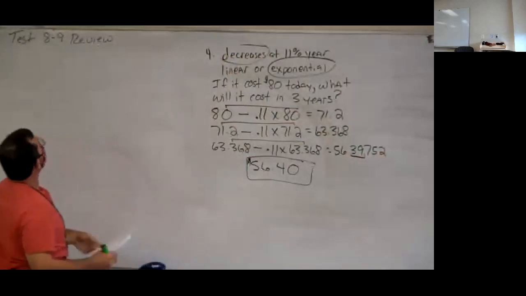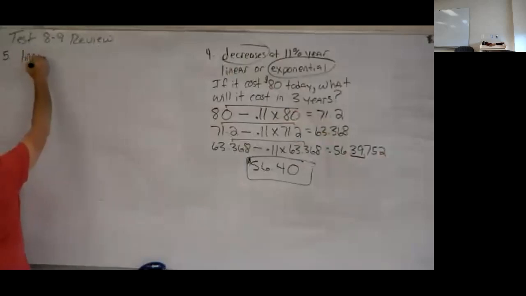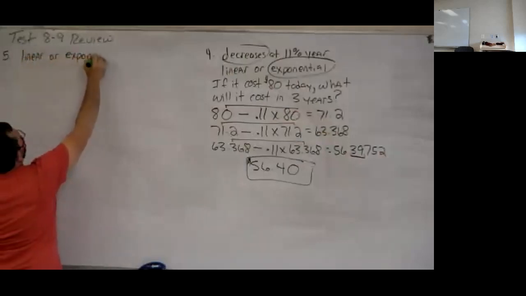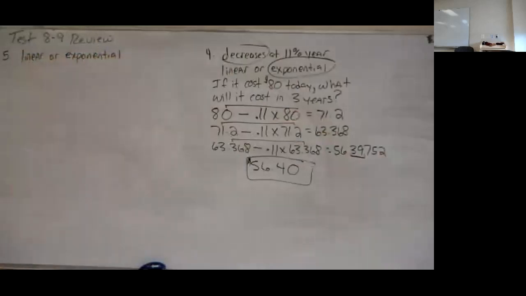All right, number 5. Linear or exponential. The value of a house is increasing by $2,500 a year.